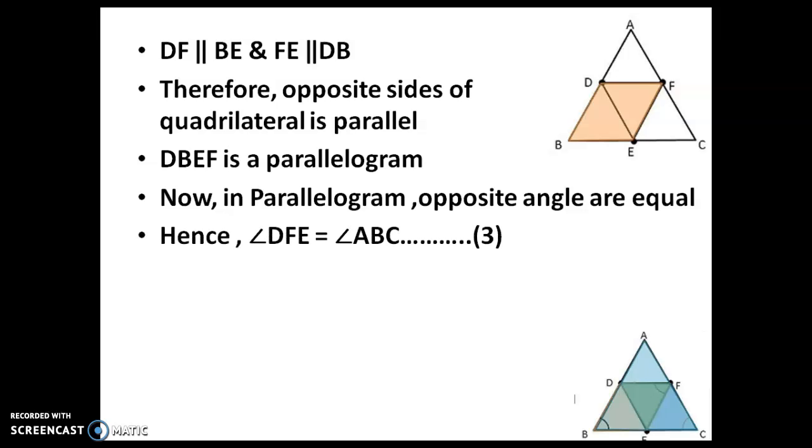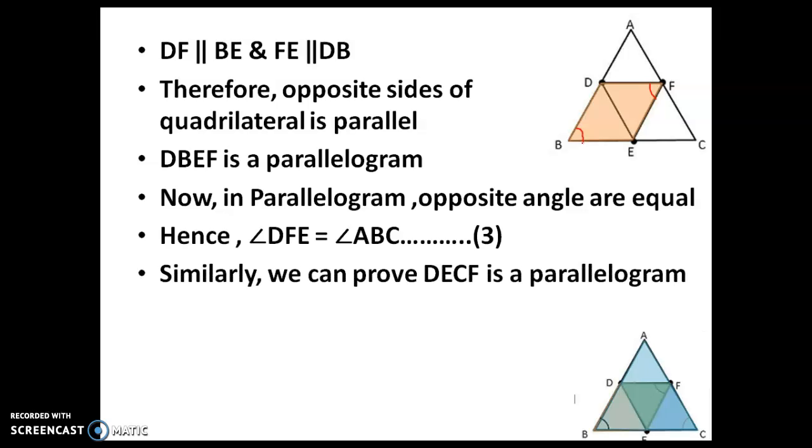So this angle DFE is equal to ABC. This angle DFE is equal to ABC, or ABE, anything you can say.